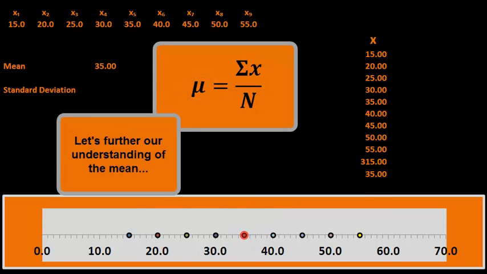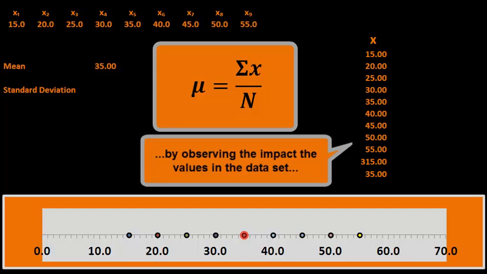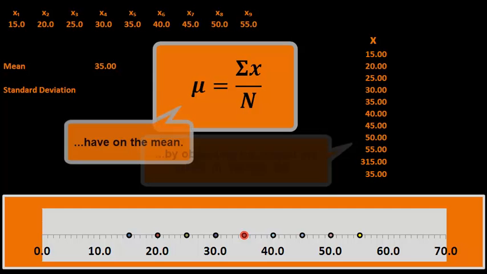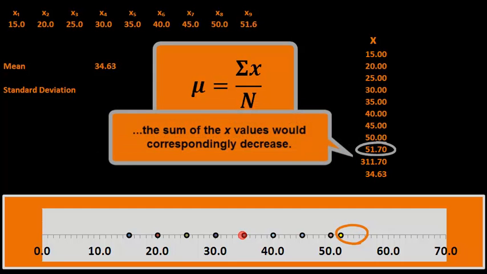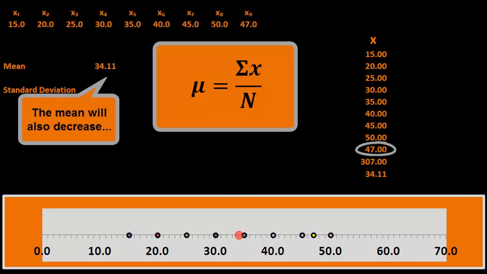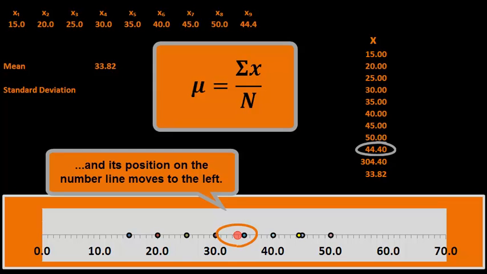Let's further our understanding of the mean by observing the impact the values in the dataset have on the mean. If a member of the dataset were to decrease in value, the sum of the x values would correspondingly decrease. The mean will also decrease, and its position on the number line moves to the left.